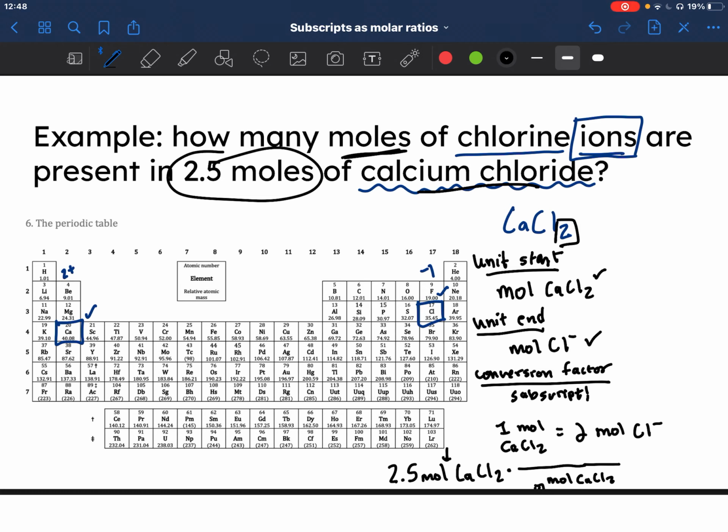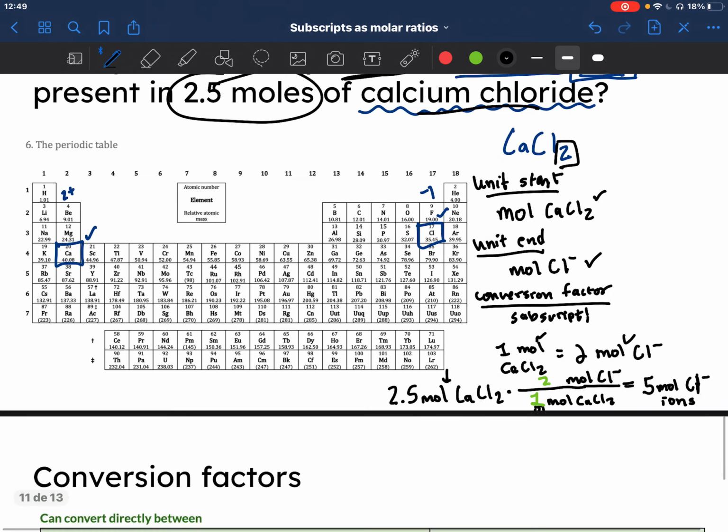In my conversion factor, I see that moles of calcium chloride relate to moles of chlorine ions. Now I can fill my numbers, and it's the same numbers I just came up with in my conversion factor. So 1 mole of calcium chloride, 2 moles of chlorine ions. So this is equal to 2.5 times 2, which is 5 moles of chlorine ions.